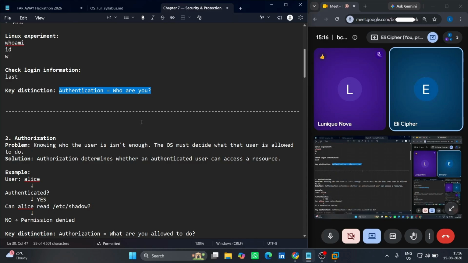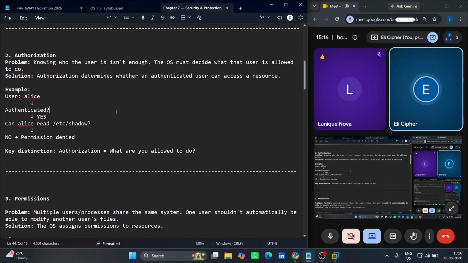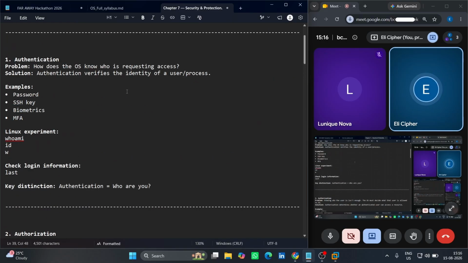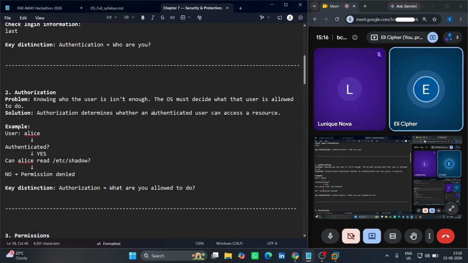Okay, now we are moving to our second terminology, which is authorization. So knowing who the user is isn't enough, right? Using authentication, we know which user is logged in on our machine, but that's not enough. The operating system must decide what that user is allowed to do.